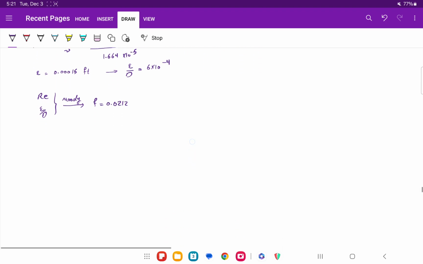Okay, so now we have everything. So we can calculate HP. HP equals P2 over gamma plus V2 square over 2G plus Z2 minus Z1 plus FL over D V square over 2G.